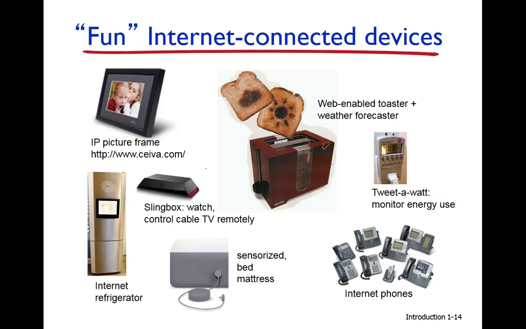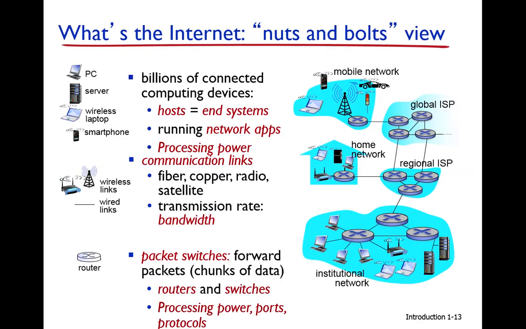Now we are going to discuss more things that can be connected through the internet. For example, in the previous slide we discussed that the internet can be connected using PC, server, wireless laptop and smartphone, but many more devices can be connected through the internet. Many more devices can be considered as end systems. For example, here the car is an end system.